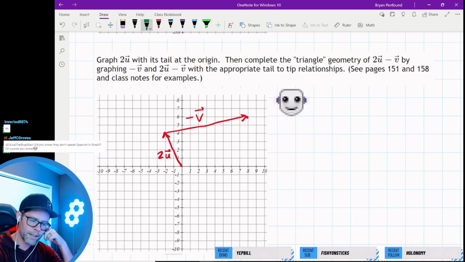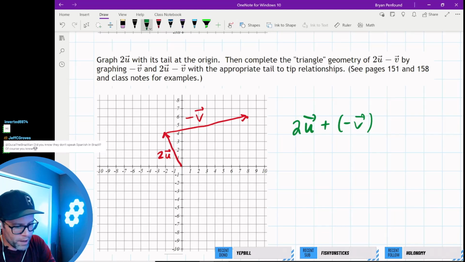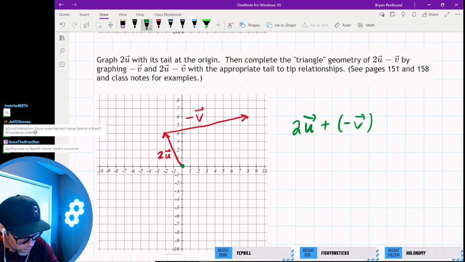So there is negative v, and we know that when we add vectors together, so 2u plus negative v, we should be able to form a closed triangle starting at the origin. So we're going to start here at the origin. We're going to head over to where our negative v landed. So this vector here should be 2u minus v.